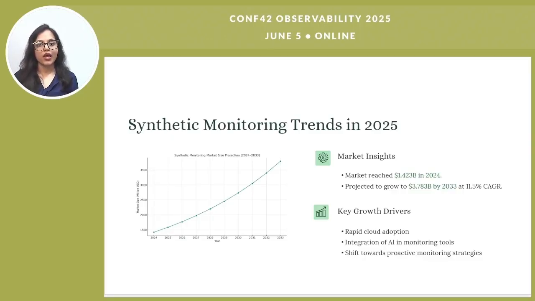Second, monitoring tools have integrated AI and ML. Now they find issues much faster and with accuracy using AI. And third, there's a big shift going on from reactive to proactive monitoring. So now companies are aiming to identify and fix issues before even the real customer does.